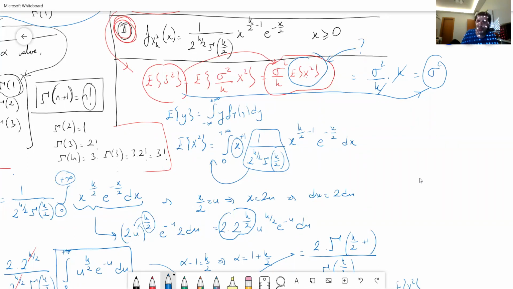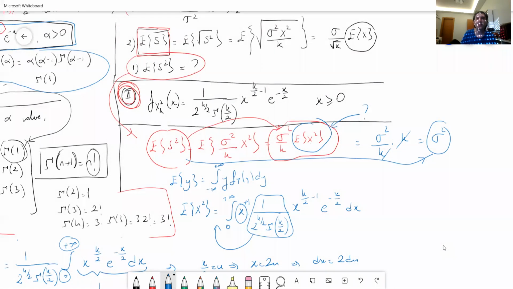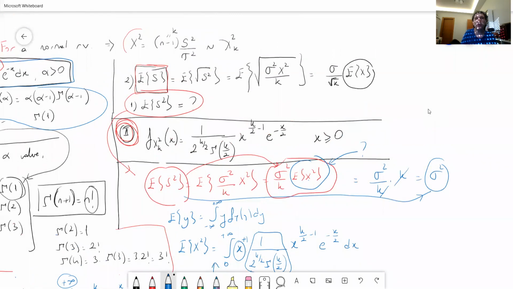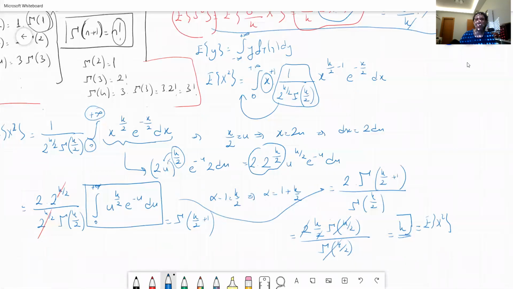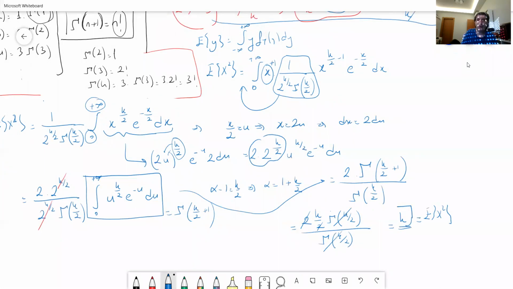Now, using the very same method, can we find the expected value of s, which would mean finding the expected value of the square root of x square, and we can call it here x. Now, the strategy I'm going to follow is very much the same, but this time I'm going to be interested in the expected value of x.